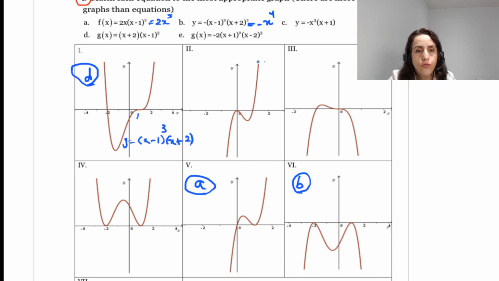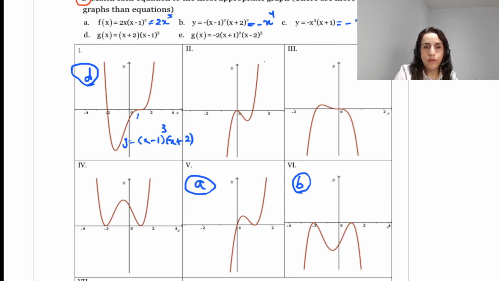Now I'm gonna go for part C. C is talking about x to the power of 3, x plus 1. X plus 1 means x equals negative 1 as a normal root, and x to the power of 3 is gonna be at 0. I'm gonna have an inflection.